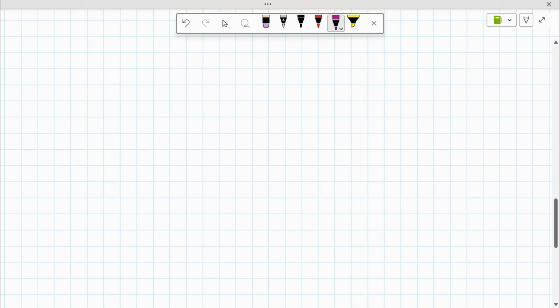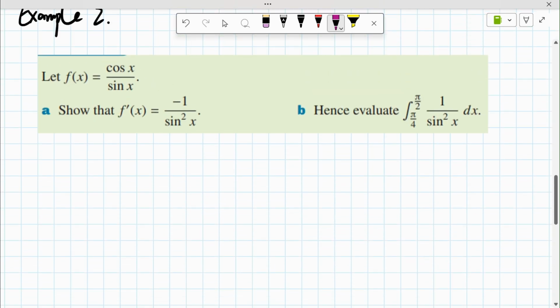Now we do another example. We're still using integration by recognition again. First thing first, we're going to figure out the derivative of f(x) equals cosine x over sine x. We're going to use the quotient rule. Does anybody remember the quotient rule?